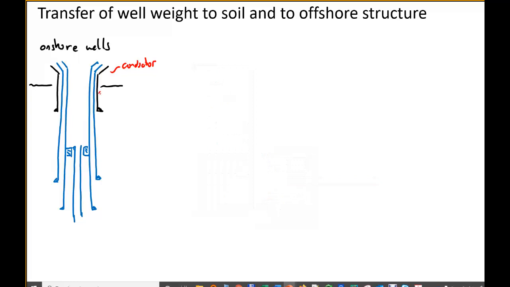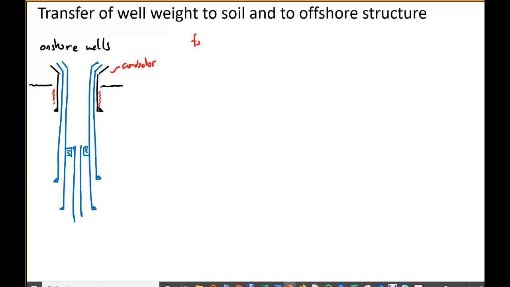Okay, in this part where it's in contact with the soil, that's where you are leaving all the weight to the conductor. Okay. Now, that's for platform wells.